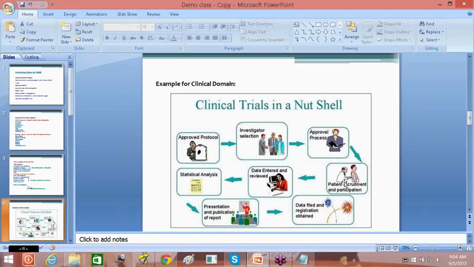Once you recruit the patients, you are not going to allow them into the study directly, because you have to test them again. So you have to screen them again, the screening process. Some patients may get rejected, and some patients get accepted.